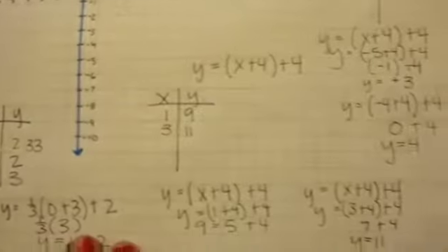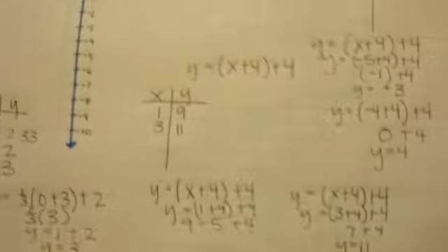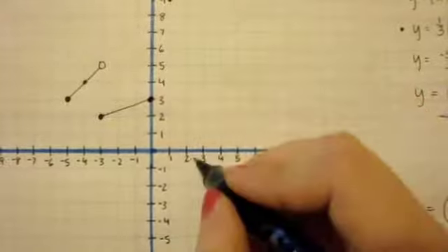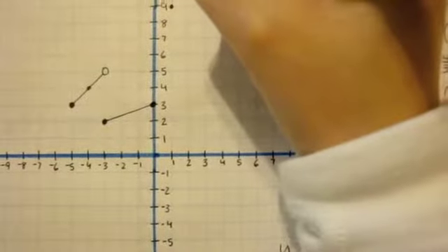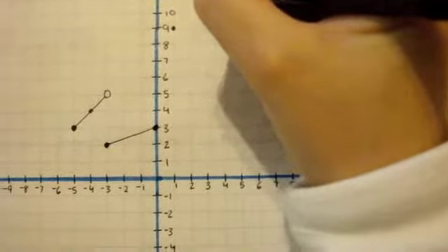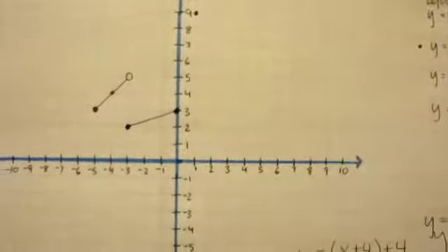So then I go to my graph and then I plug in 1, 9 and then 3, 11. And the 3 is included. And I want to find 0.